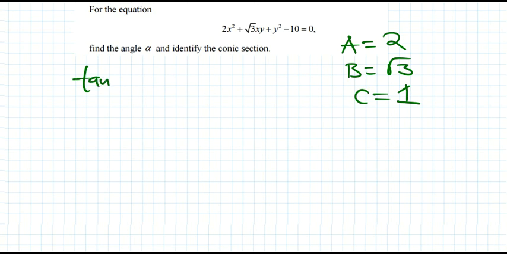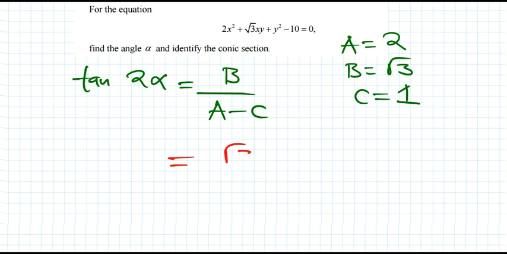Tan 2 alpha is equal to, what did we say? It's b over a minus c, right? So our b is what? Root of 3. Our a is 2, our c is 1, so a minus c is 1, and we end up with root of 3.